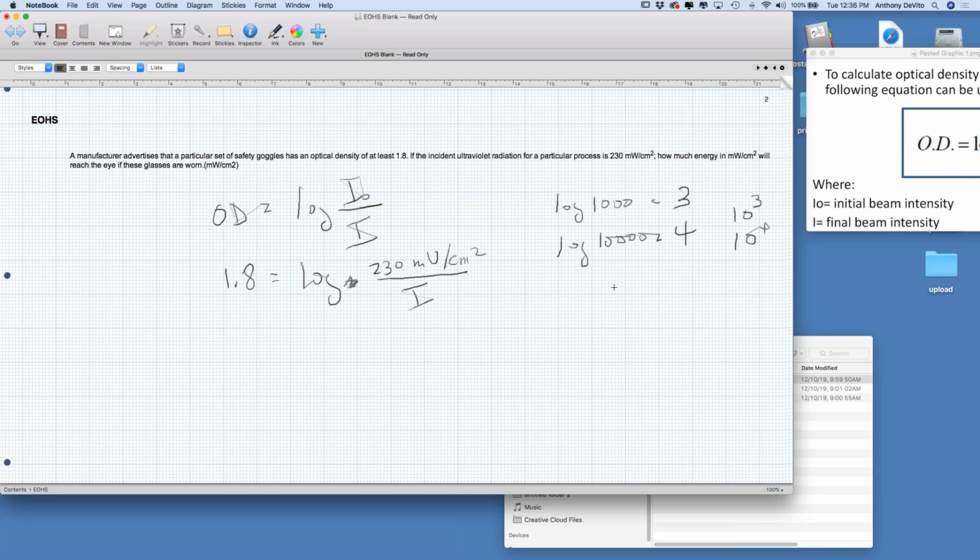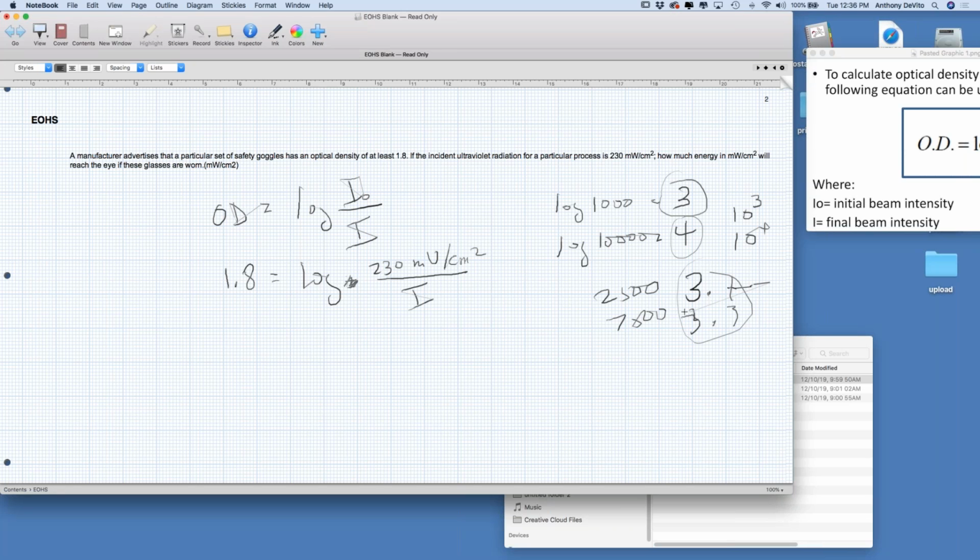Now, any number between 1,000 and 10,000, like 2,500 or 7,500, is going to have a logarithm between 3 and 4, like 3.1 or 3.4, because the logarithm of 1,000 is 3 and the logarithm of 10,000 is 4.